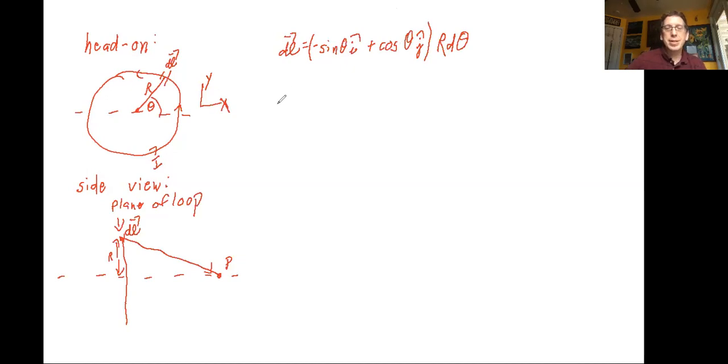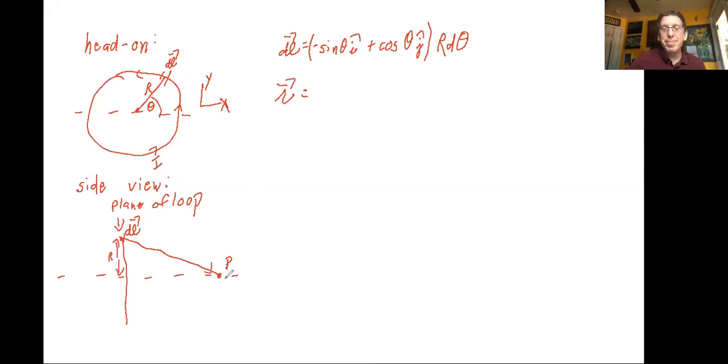Now we want the vector script R. There are two things to notice. One, you're pointing from the circle to its center and then out in the Z direction.